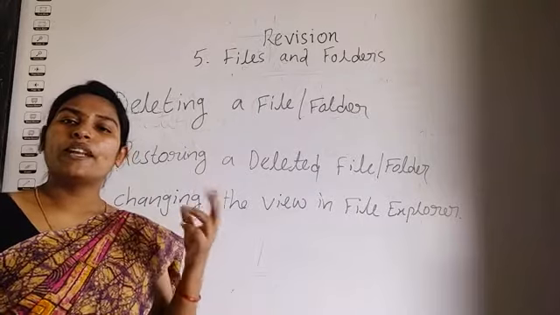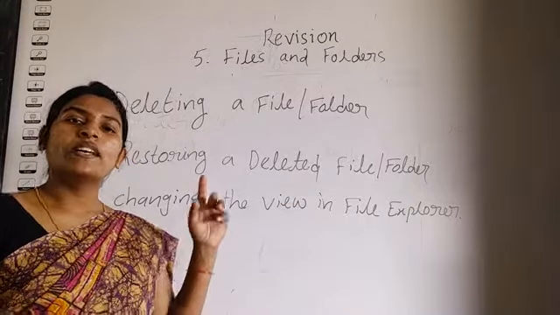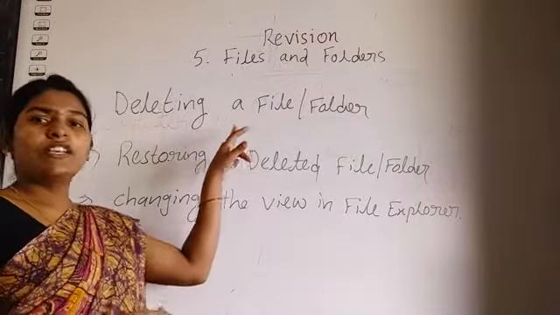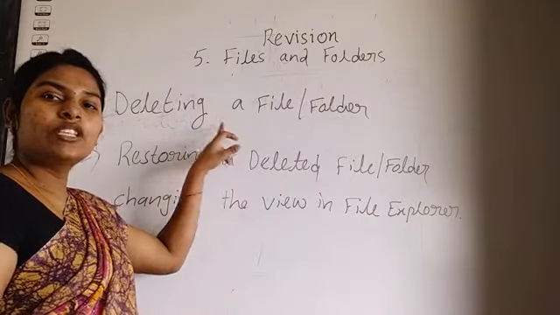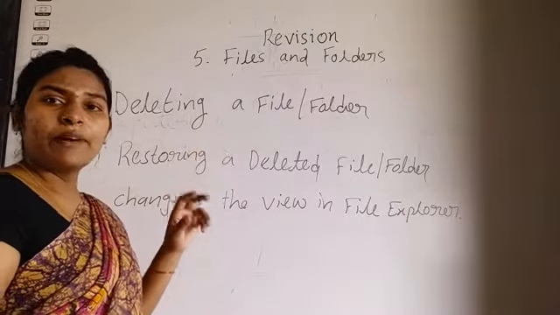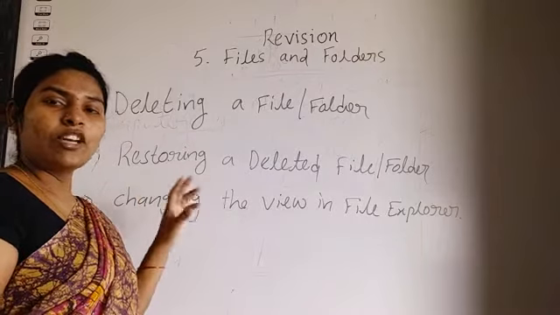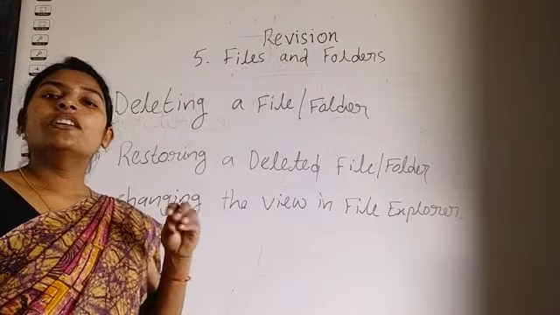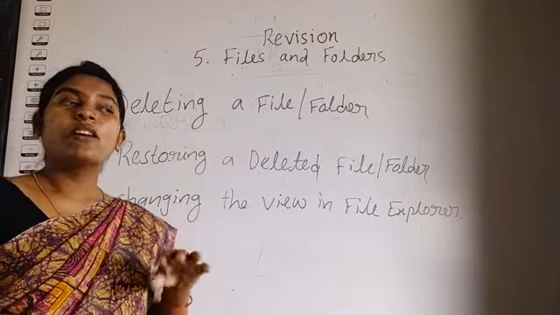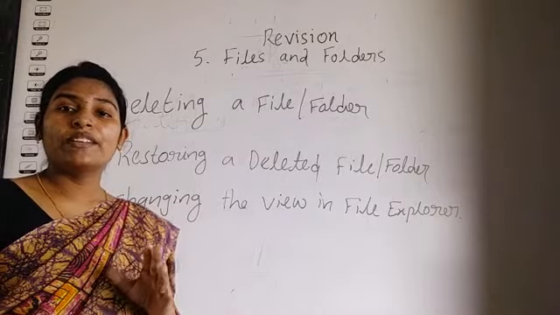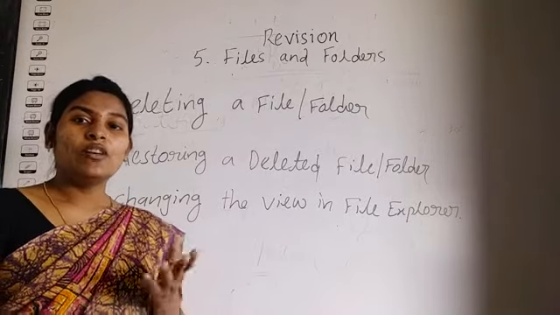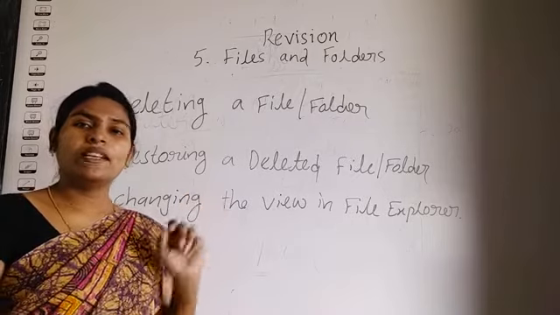If you want to delete permanently, if you don't want that file or folder again, what do you have to click? You can click the delete permanently option. Otherwise, if you have doubt, maybe it will be used for me, like this you can think, what can you do? Just keep it in the recycle bin.